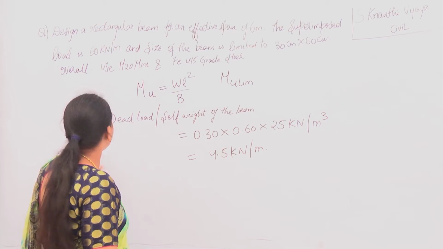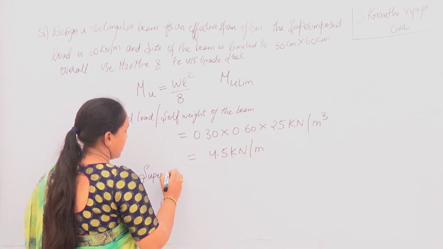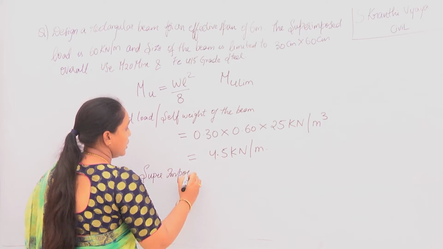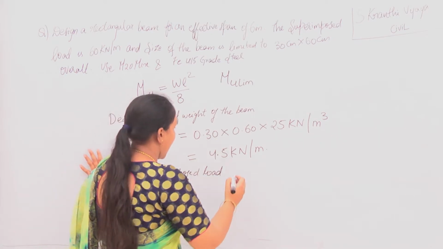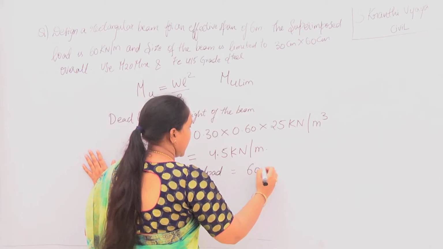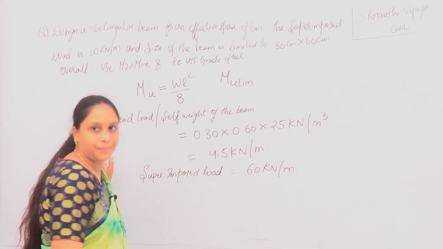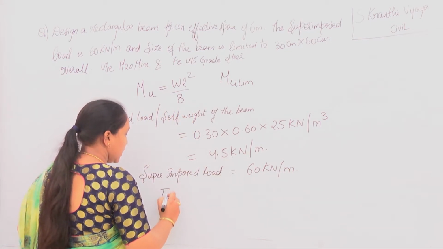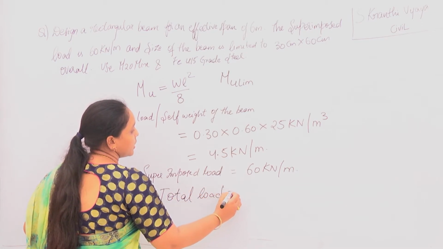Now, what is the superimposed load given? The imposed load or the superimposed load is given as 60 kilonewton per meter. Now let us find out the total load. So what will be the total load?